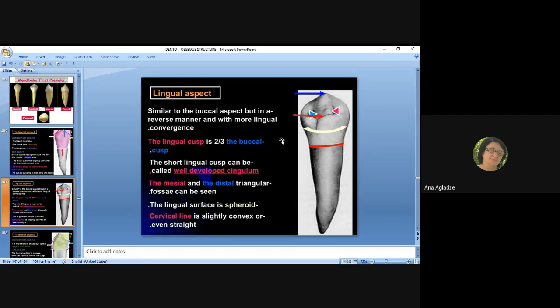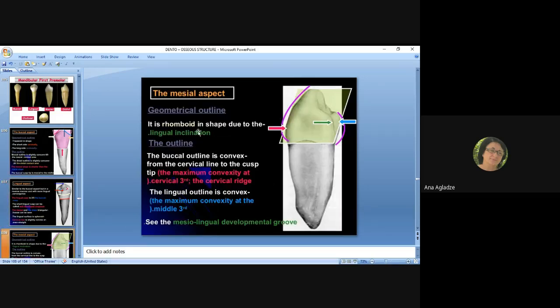The mesial and distal triangular fossae, can you see? This is the distal triangular fossa and the mesial triangular fossa. The lingual surface is spheroid, and the cervical line is slightly convex. It is straight, more straight.